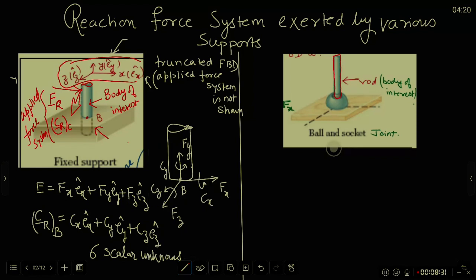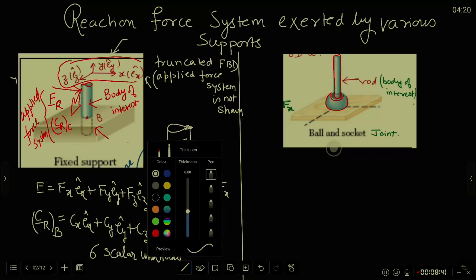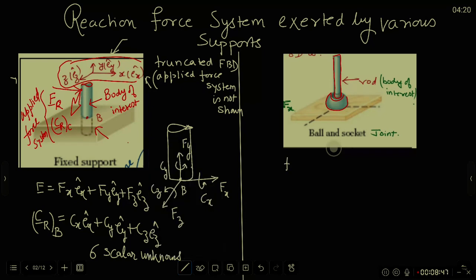This is the ball and socket type of support. If I have to draw the free body diagram or the truncated free body diagram of the body of interest, it will be like this.